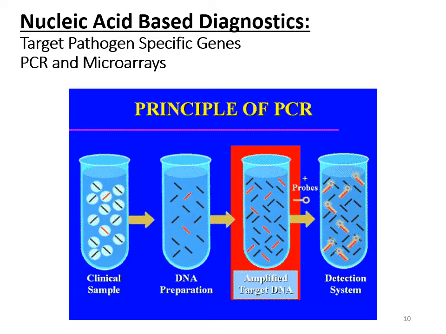Now, what PCR is, in the case of diagnostics, is you'll have your clinical sample, okay? So, for instance, a patient's sample. Now, if your patient is infected with a particular bacteria or virus, you'll have the pathogen's DNA in addition to the patient's DNA in that sample. Okay, so what you then do is denature that DNA sample into single strands.